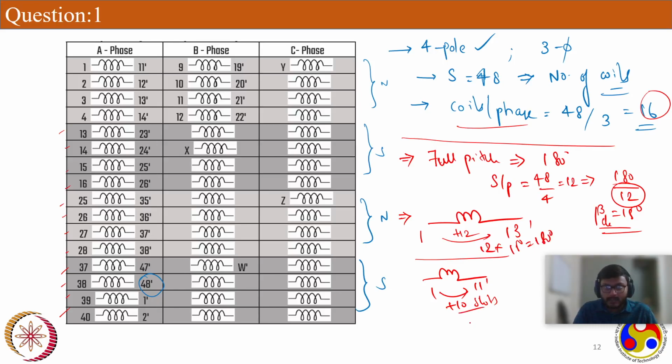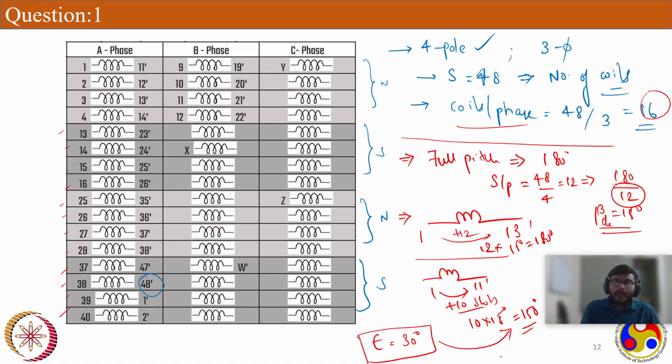But here it is 10 into 15 degree. Here my coil span is 150 degree. It is not 180. My winding is short pitched by how many degrees here? Epsilon is how much? 30 degrees short pitched, because my coil span only spreads till 150.